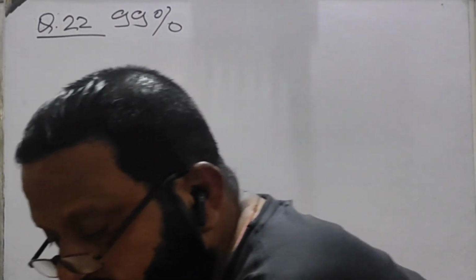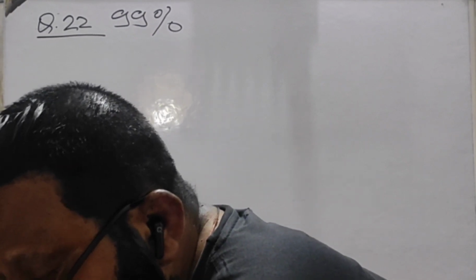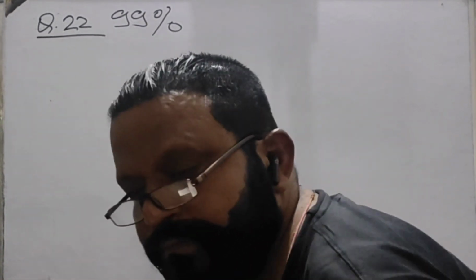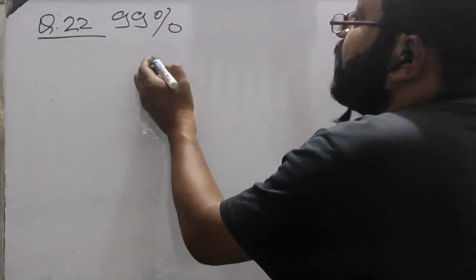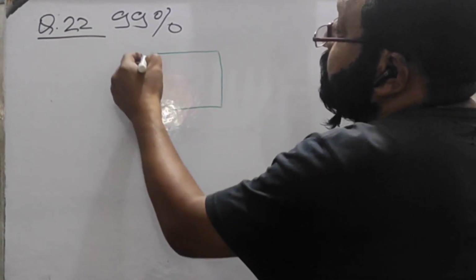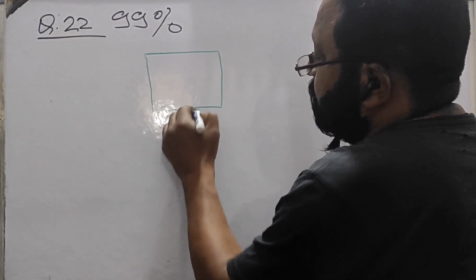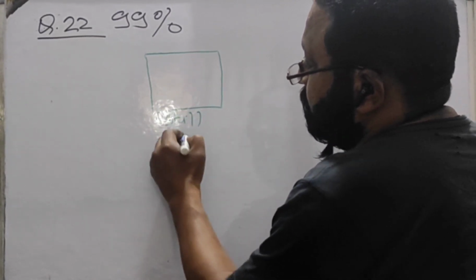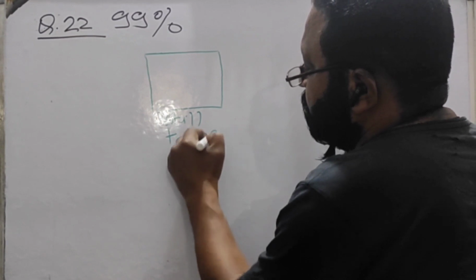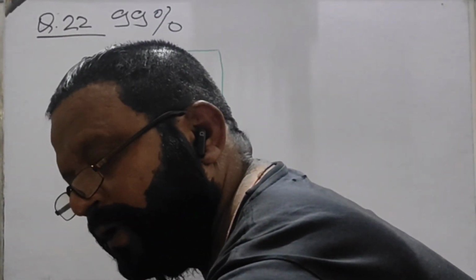So the question is that there is a still target, and there is a bullet.